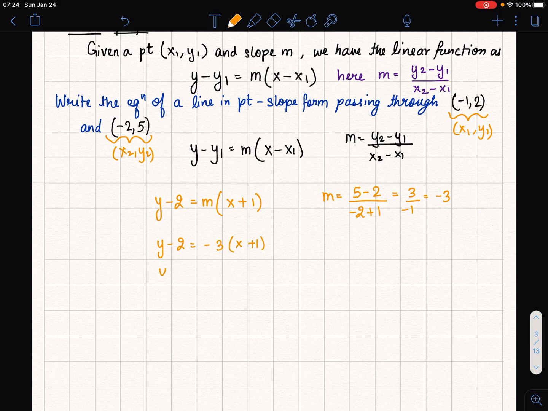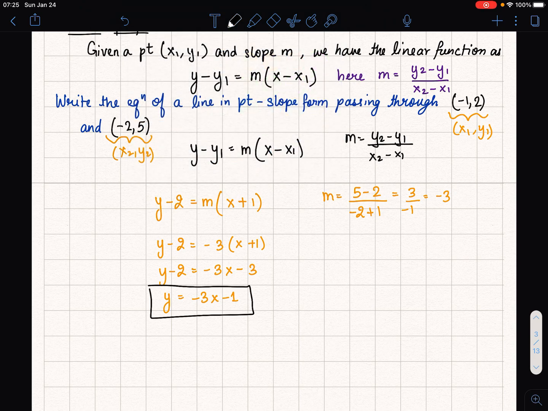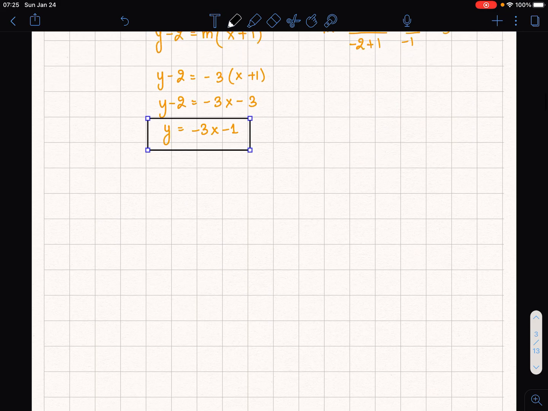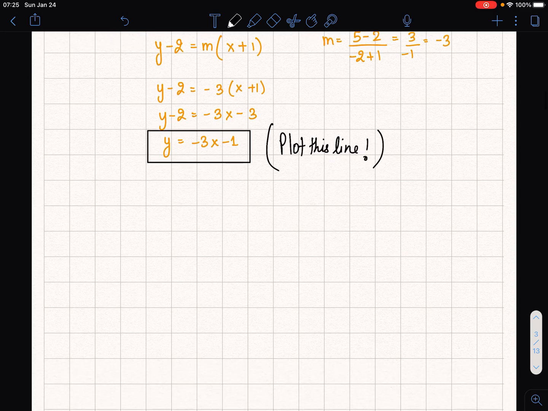Solving further, you'll have y minus 2 equals -3x minus 3. You have y equals -3x minus 1. This is the equation of the line. Using the previous method, you can plot this graph. I leave it as an exercise.